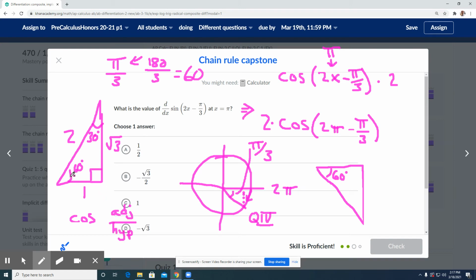So the adjacent side to the 60 is a 1. The hypotenuse is a 2. And if I think about tangent, which is sine over cosine, which is equal to y over x, that means cosine corresponds to the x value. Okay, so is x negative or positive in quadrant 4? X is positive. So that means 1/2 is our final answer, as a positive answer.